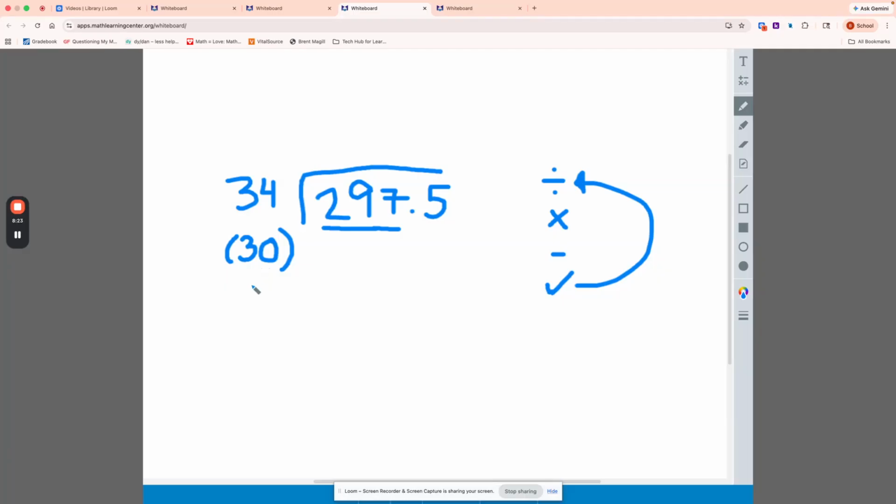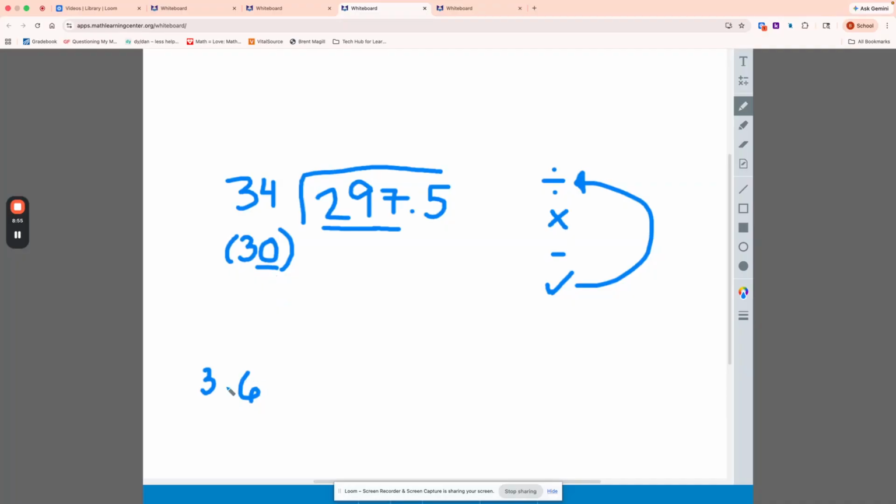Well, I know 5 times 3 is 15, or 150. So that's too small, so I'm going to go up. And you can skip count if you want. You could do 3, 6, and keep counting up until you get something close to this number, and again shifting it one place bigger, because it's 30.